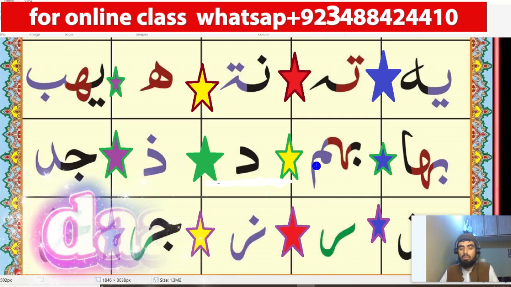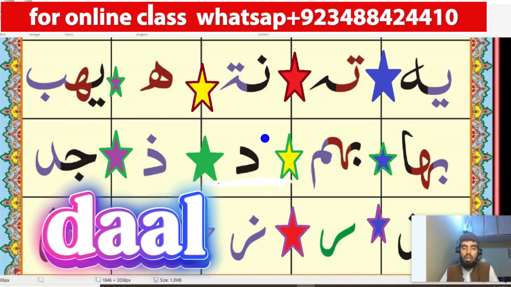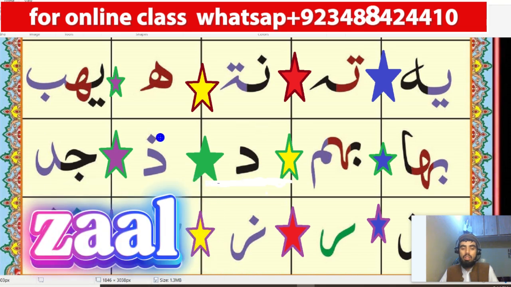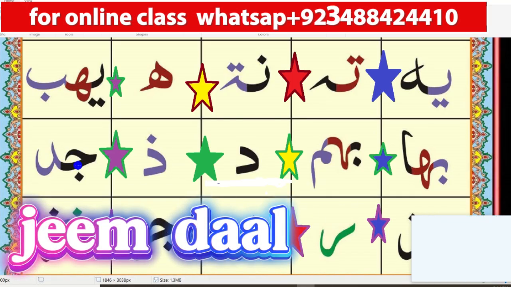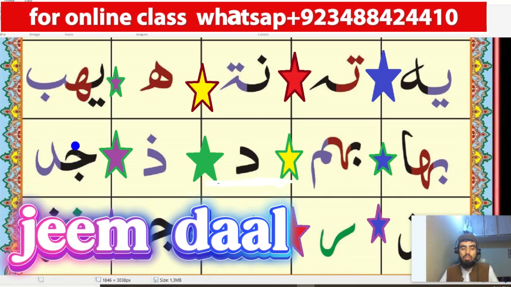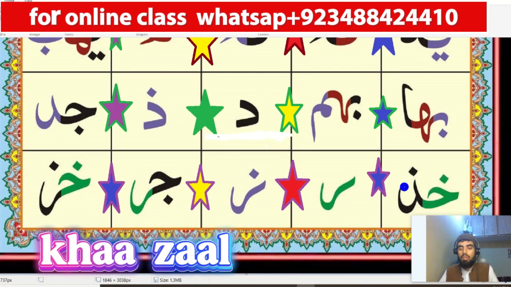Next dal, dal, and the first letter that is dal letter. They call this shape dal, and the second one zal, that is zal shape. Next jim dal, the first letter jim letter, the black one, and the last one dal letter. After this ha za, the first letter ha letter, because the ha letter has one dot on the top, and the black one zal letter.